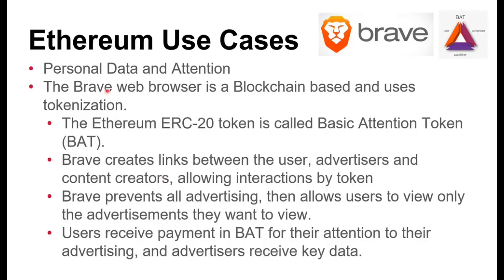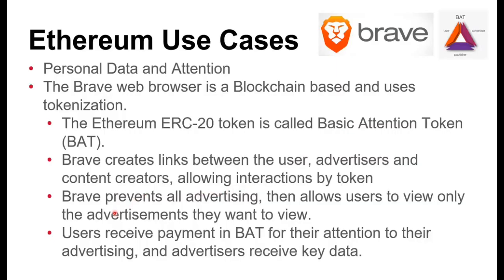Also, personal data or user attention can also be tokenized. So the Brave web browser is a browser that uses blockchain-based tokens. So the Ethereum ERC20 token, called the Basic Attention Token, or BAT, which you can buy on most exchanges like Coinbase or others, you can actually get paid in BAT as you allow for advertisers or if you interact with anybody using the Brave browser.